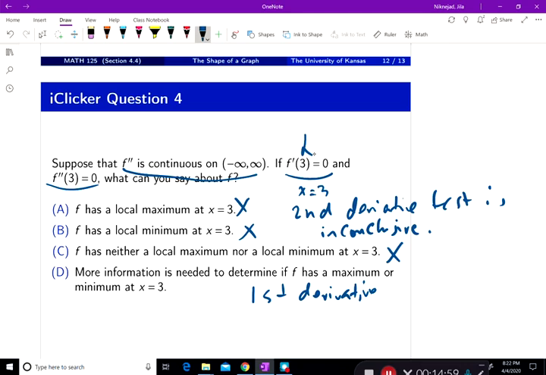Therefore, I cannot use the first derivative test to determine it, but I know I need the first derivative test to say whether or not it's an extremum and what kind if it is. If it's not, you don't do anything, it's just not an extremum. So D is the answer for this one.